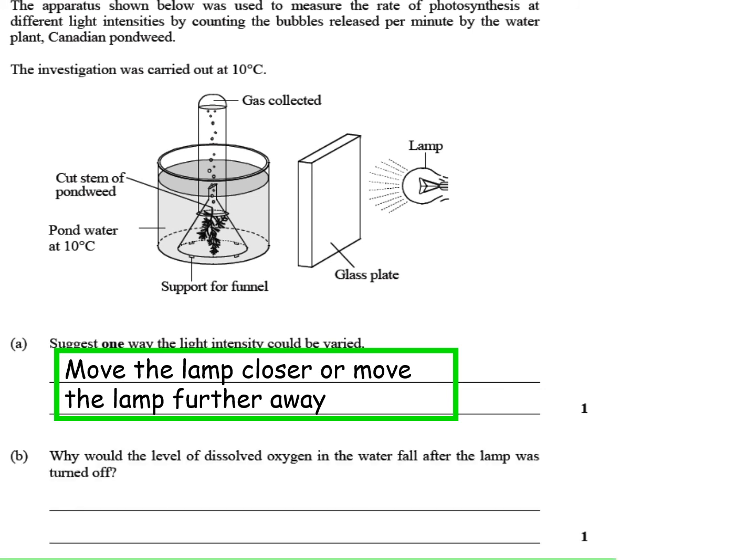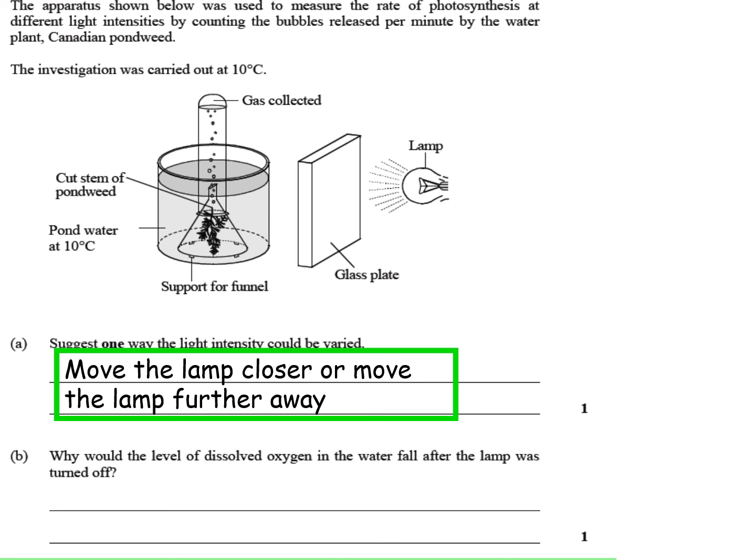Now, why would the level of dissolved oxygen in the water fall after the lamp was turned off? Now, this is quite a tough question, because we might expect, if we're just talking about photosynthesis, if we switch the lamp off, we'd no longer produce oxygen because we need light for photolysis to give us oxygen as a byproduct, but I wouldn't expect it to fall.